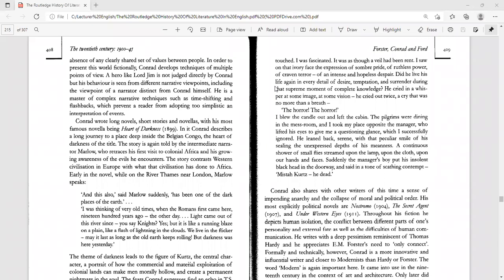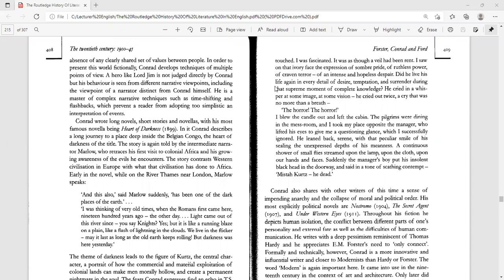Kurtz and the manager are two sides of colonialism. The manager does not like to be part of the natives, he always remains at a distance. He follows the colonial purpose, meaning administrative purpose as well as the materialist objective of collecting ivory.